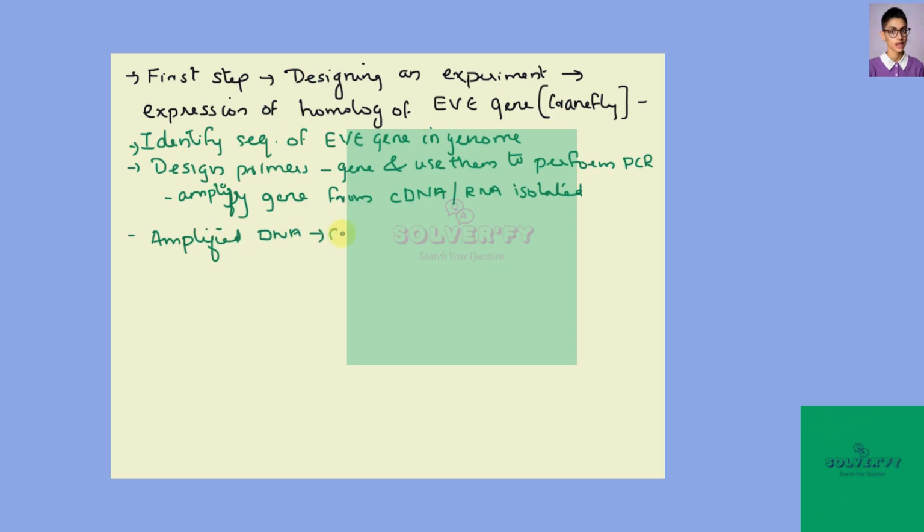Now the amplified DNA can be cloned into a suitable expression vector such as a plasmid and transformed into bacterial or insect cells.